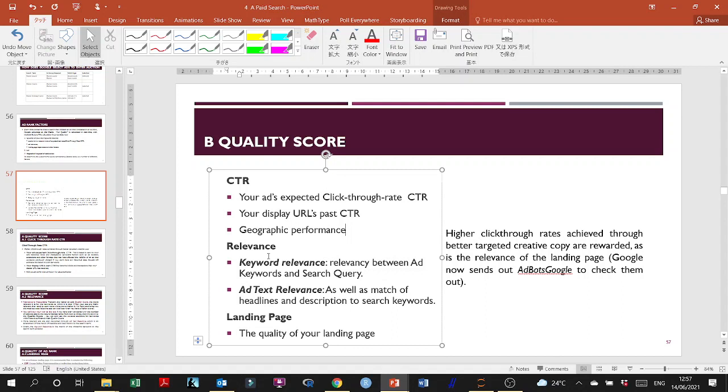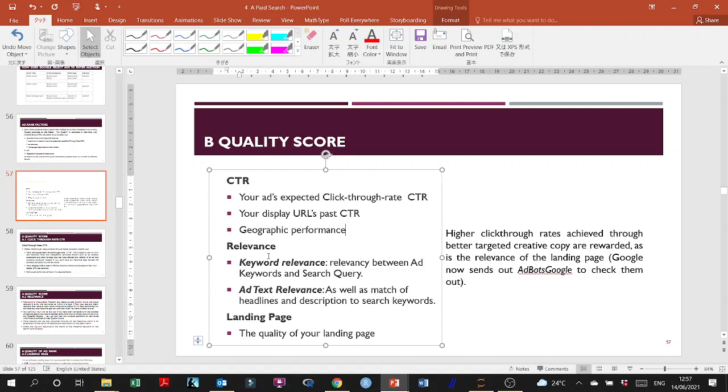So on the base are your keywords, and then your text, your ad itself, your ad copy, if you would. So the bottom is the ad group that has different keywords, and each keyword is connected with, of course, their ad copy.